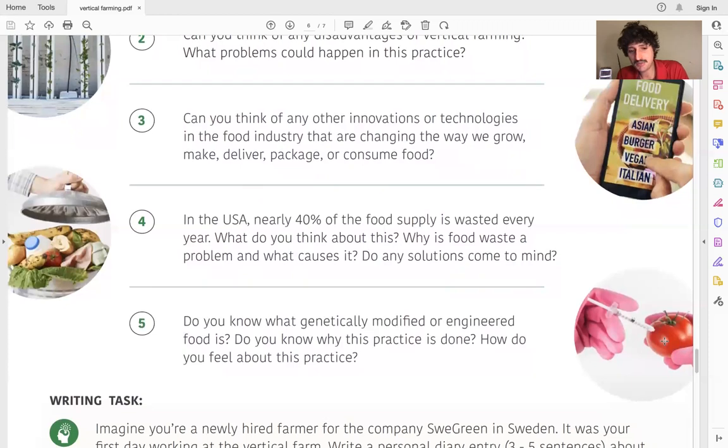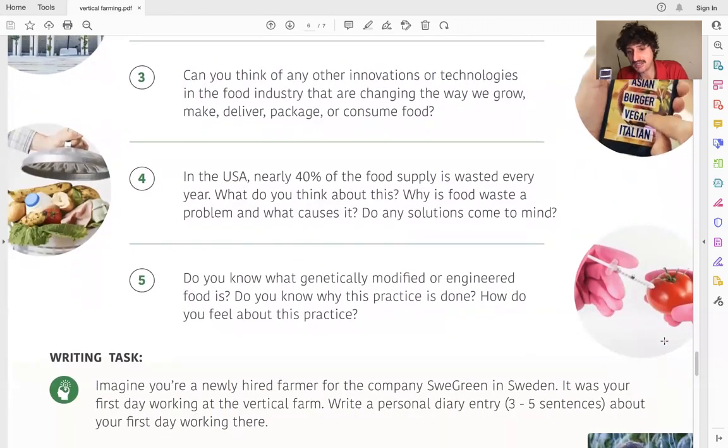All right. The last thing we're going to talk about is genetically modified or engineered food. This is a big topic. A lot of people have different opinions. Some people think it's awesome that we can engineer this food and use science to change food and make it better.